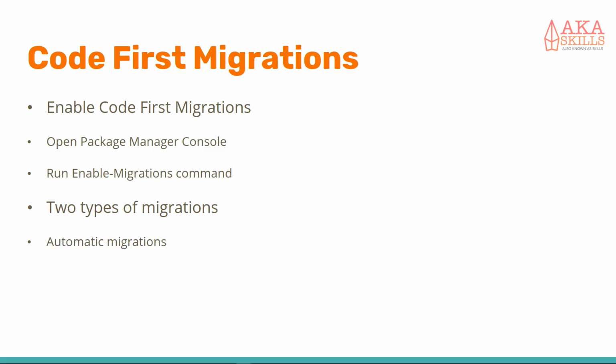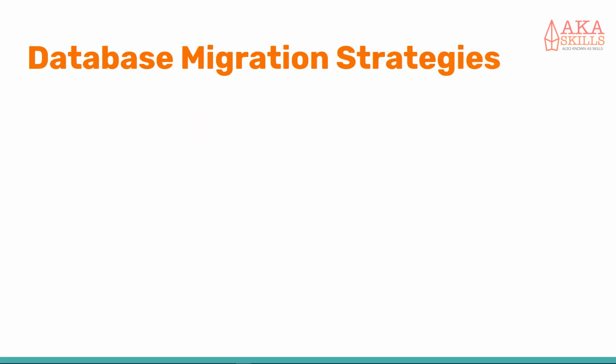We have automatic migrations, where inside our code we're setting the parameter AutomaticMigrationsEnabled equal to true. And we have code-based migrations providing full control, where we get a separate C# code file for every migration.